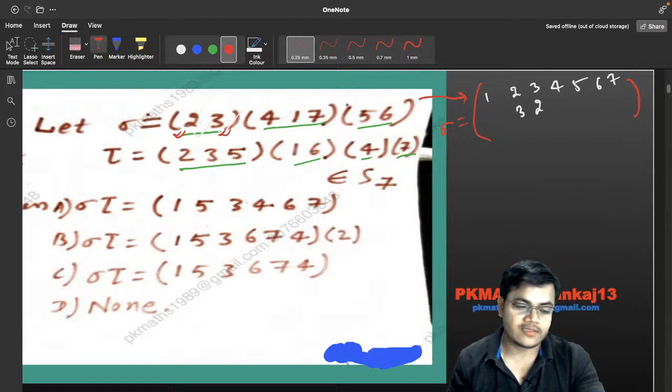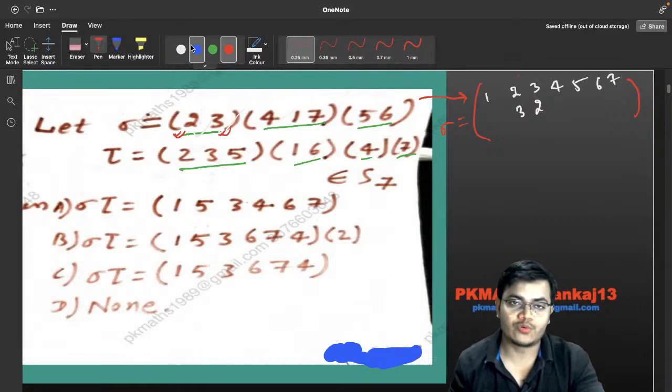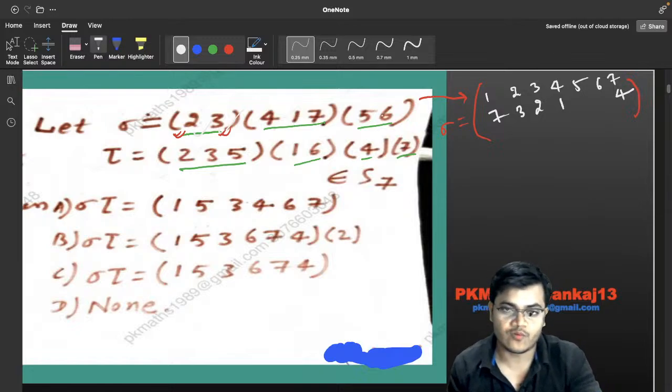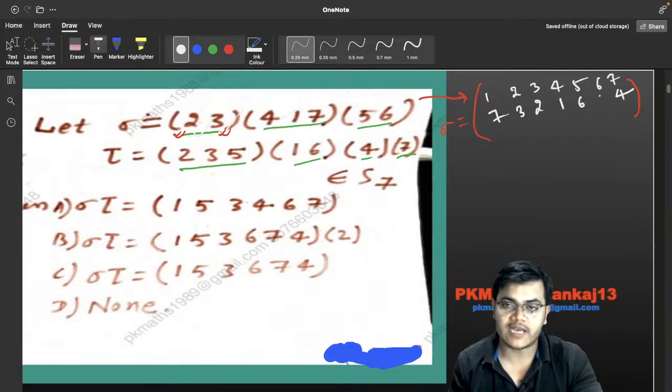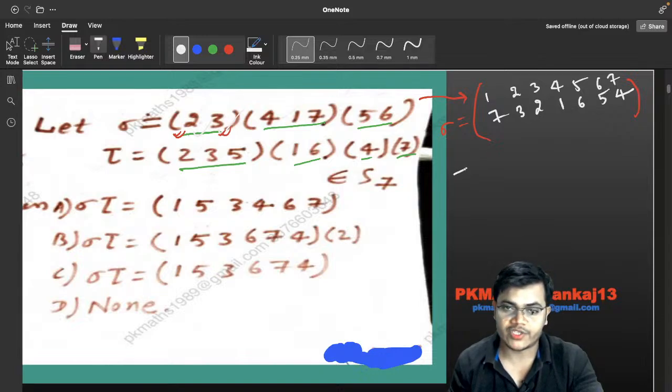Again, 4, 1, 7 means 4 is going to 1, 1 is going to 7 and 7 is going to 4. 5, 6 means 5 is going to 6 and 6 is going to 5. This is how we write our sigma permutation.